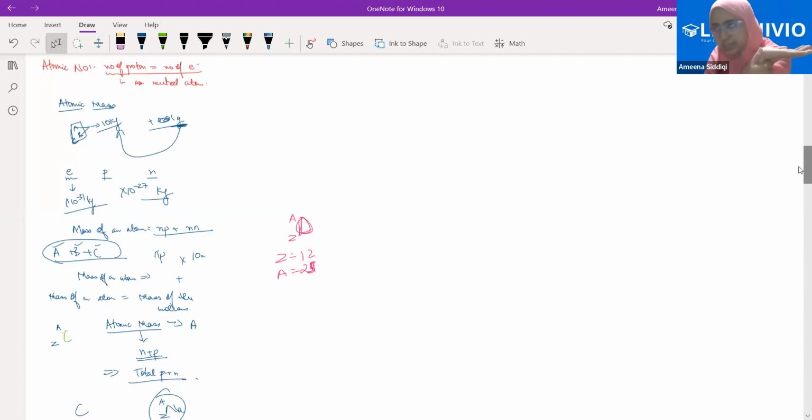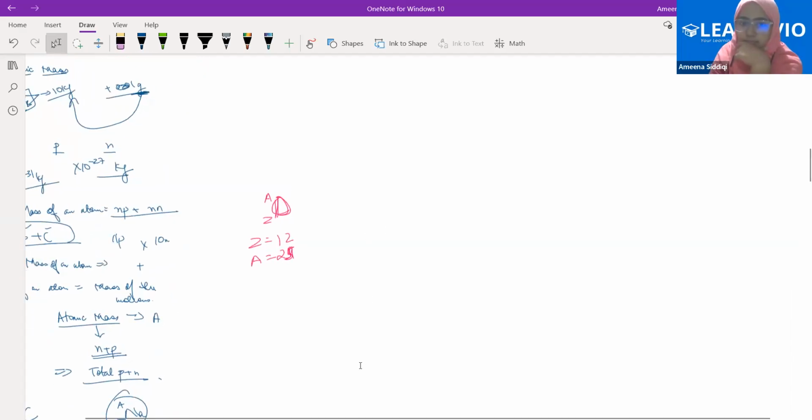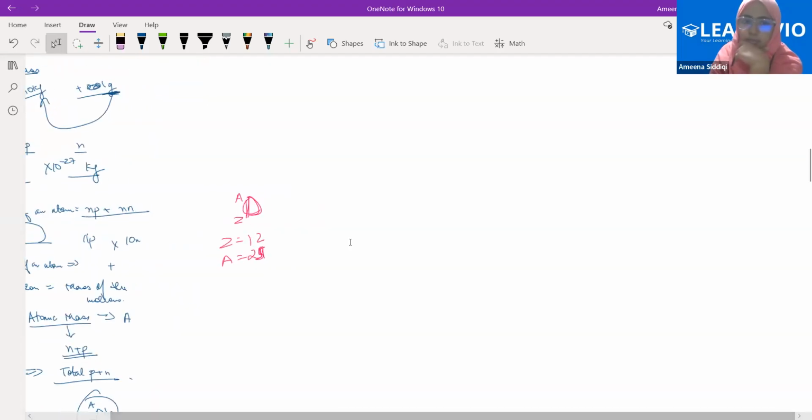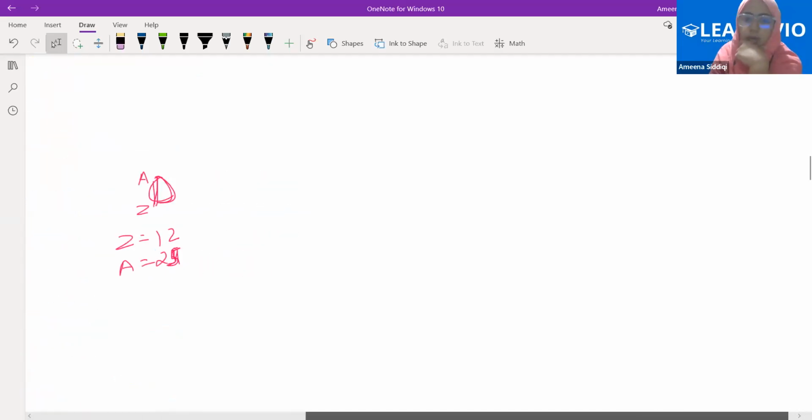Very good. Then the second point. And then non-metals gain electrons to form negative ions. Very good. So there's a difference in how they interact with each other. Very, very good. How are they completing their valence shell?